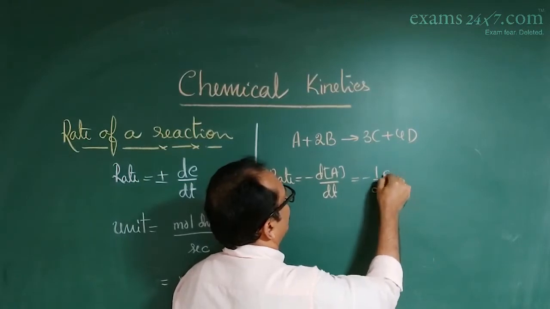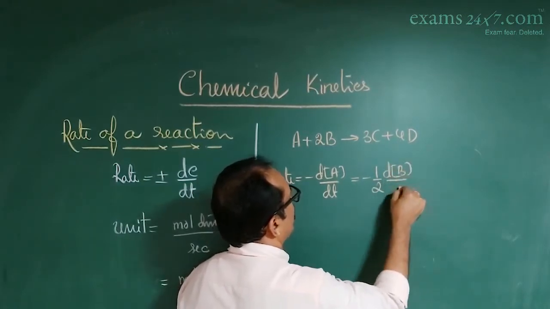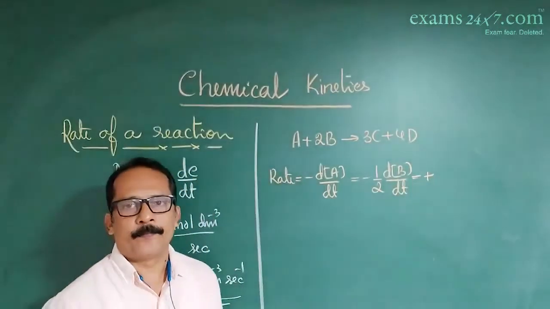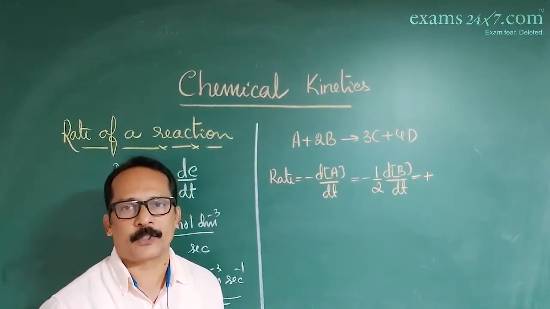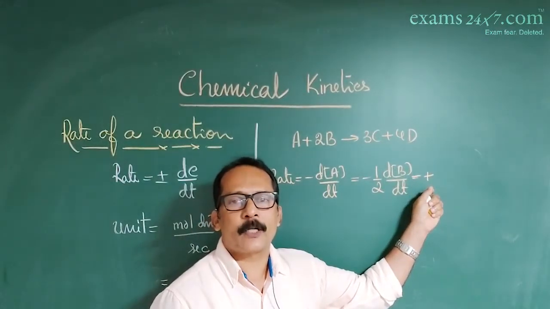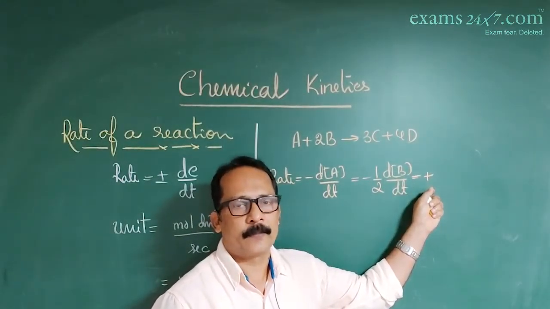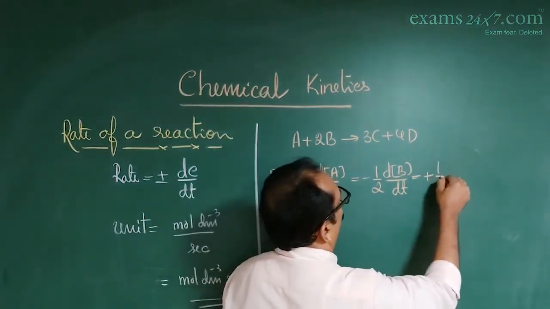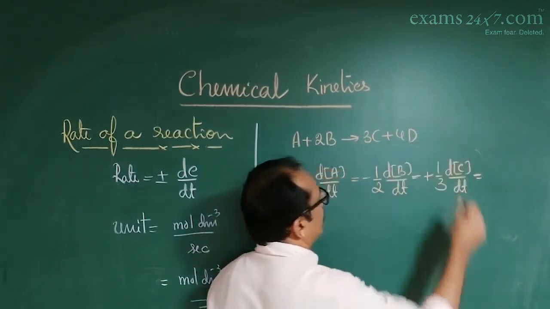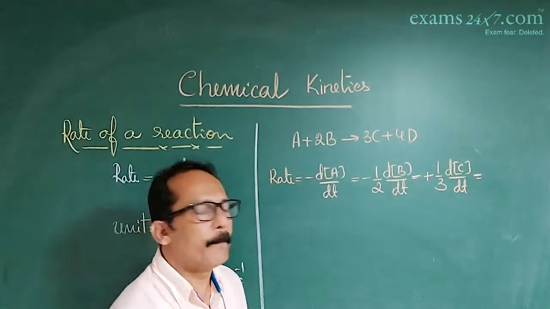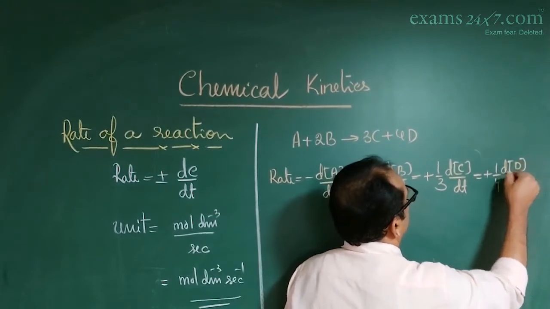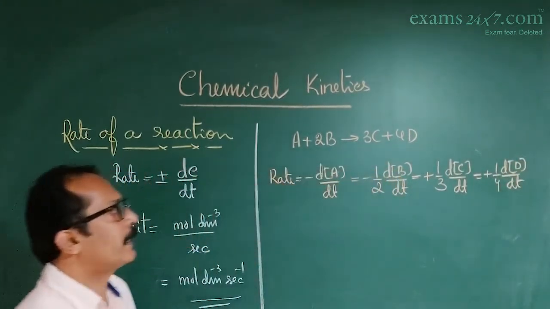Minus 1 by 2 change in molar concentration of B. Plus indicates formation of product, appearance of product, so during the formation of product, the molar concentration of product increases. Therefore, plus 1 by 3 dC by dt, and for one more term D, plus 1 by 4 change in molar concentration of D with respect to change in time.